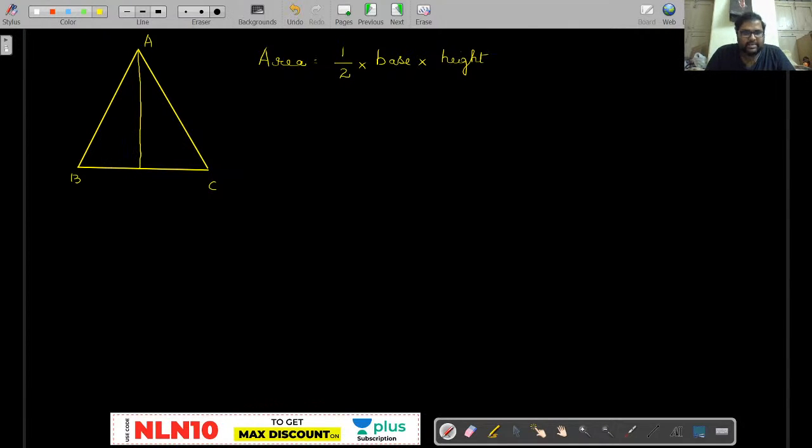If this line segment divides the base into two equal halves, then it is called, anybody? When I draw a line segment from one vertex to the opposite side, if it divides the opposite side into two equal halves, then this line segment is called a median.